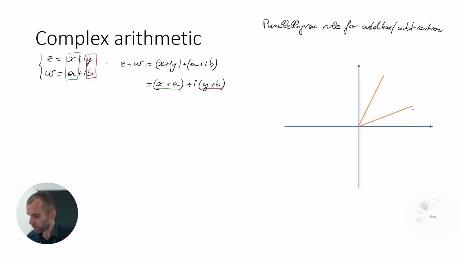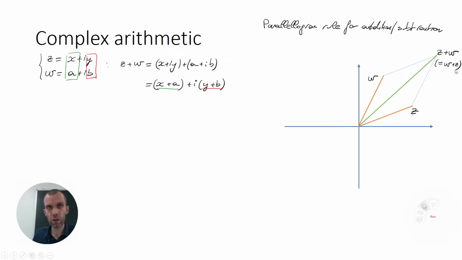Let's call this one Z and this one W. And then we draw the parallelogram that's spanned by these two edges. And then Z plus W is basically the diagonal of this parallelogram. So this is Z plus W, which is also equal to W plus Z. This is often useful if you want to reason about where the sum lies in the complex plane.